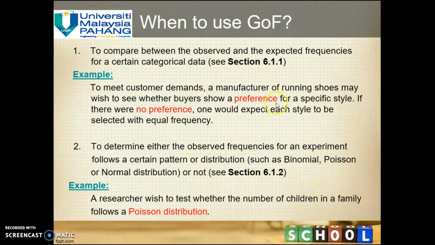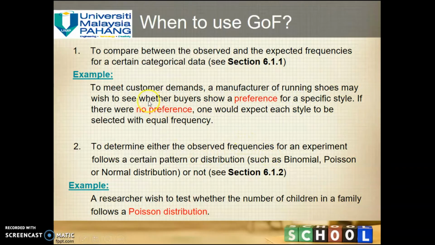So we have binomial, Poisson, and normal distribution. So in 6.1.1 we try to compare the observed and expected frequency for a certain categorical data. For 6.1.2, we try to determine whether the data given follows a certain pattern or distribution or not.